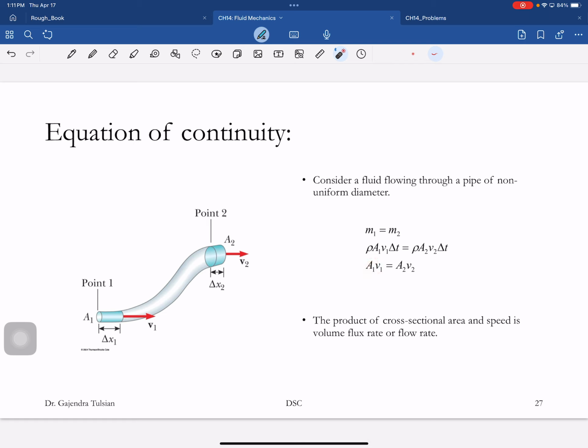Did you guys know this law? Everybody knew this, because when you water using a hose and you want the water to go further, what do you do? You decrease the area. So you intuitively knew this law. That's what you were doing.